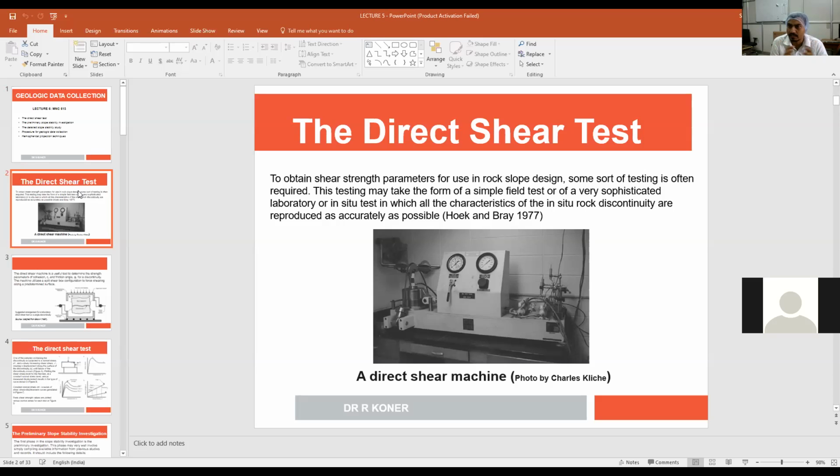There are many methods by which we can determine the shear strength of the geometry. But out of all these techniques available to us, the direct shear test gives us a very easy method to determine the characteristics of C and phi, cohesion and friction.